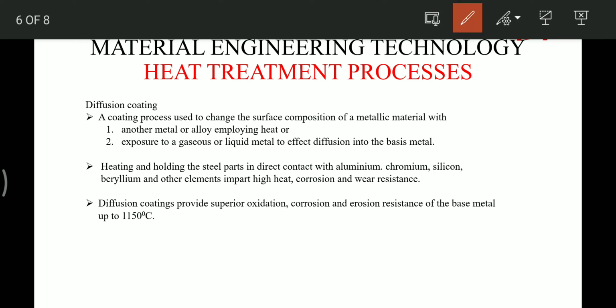Now there are other methods also for doing the surface treatment, and one of the processes is diffusion coating. So this coating process is used to change the surface composition of the metallic material. This surface composition can be changed by alloying, and this is done by exposure to the gas or the liquid metal for the diffusion purpose into the base metal.